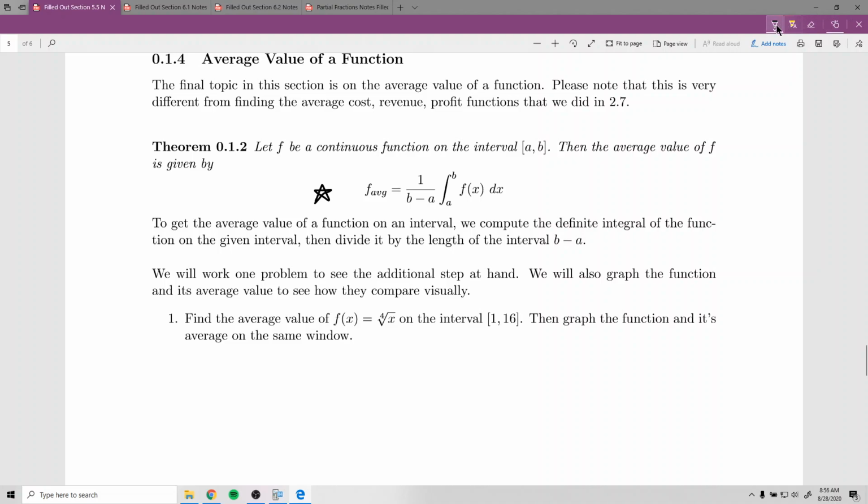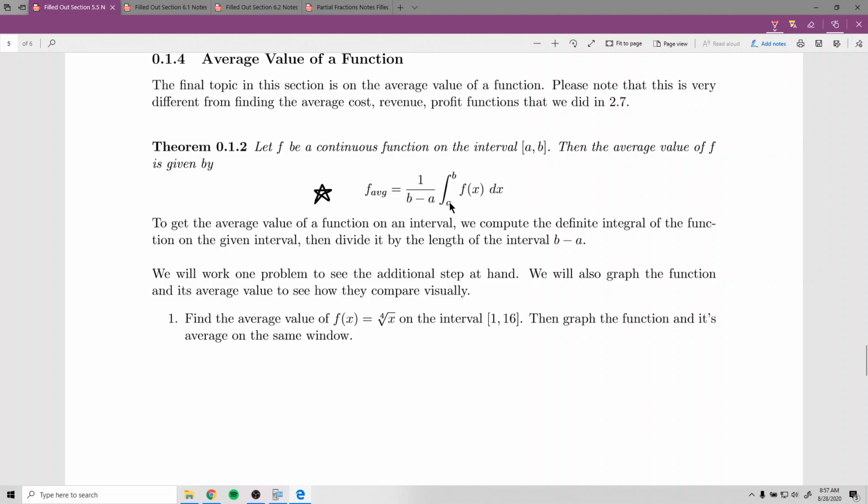Right? There's not typically a common notation for average. Some people use the bar like we did before. I like to write f with subscript avg for average because it's more clear to me. But what this formula is saying is that if you do the definite integral of your function, so this is the part we were doing before, and then you divide it by b minus a.